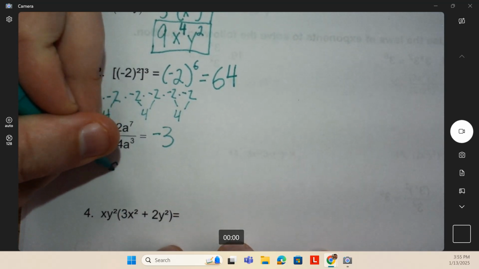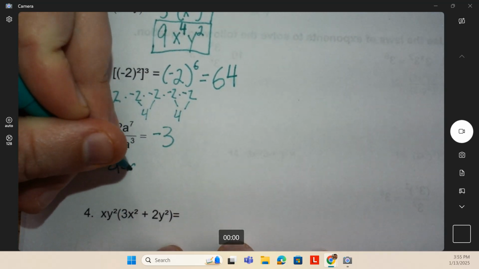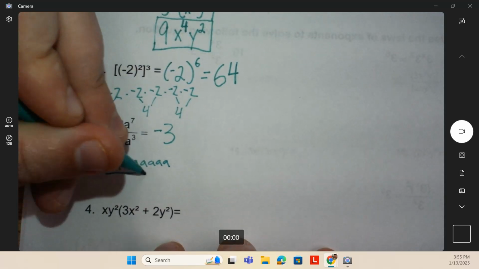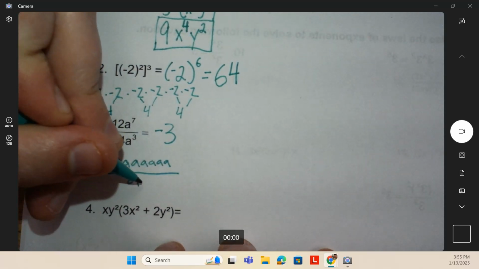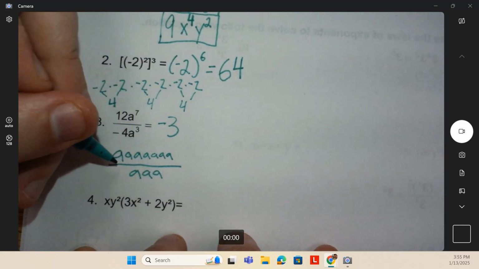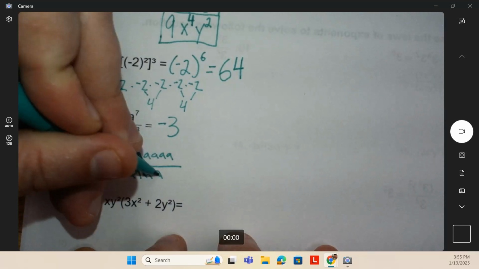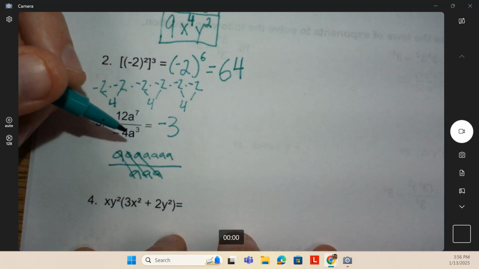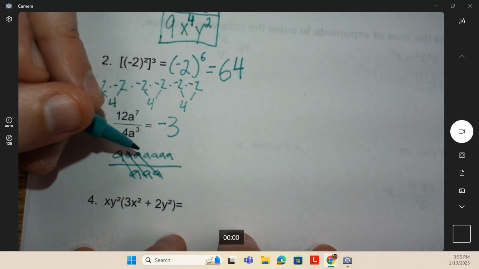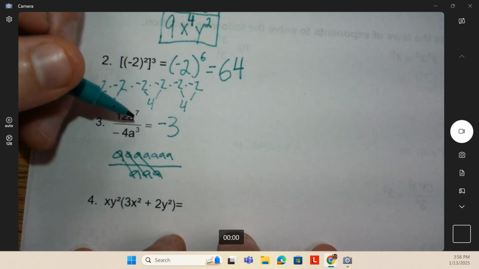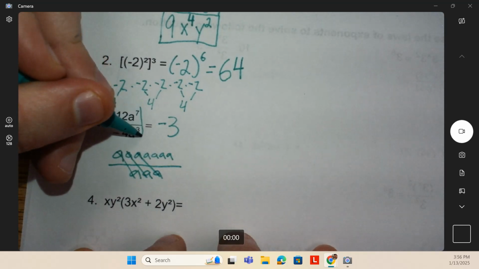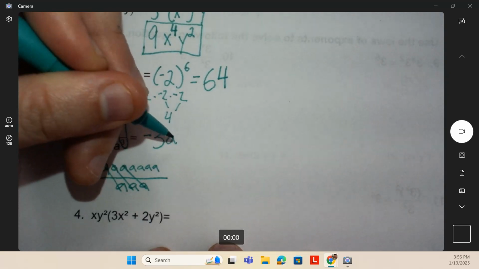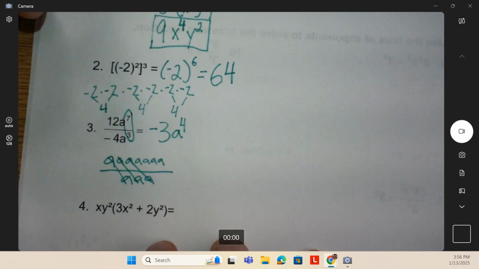You've probably seen it, like if I do a to the 7th, there's 7 a's, and a to the 3rd down here. What will happen is I've got some of those that can cancel out, and what's left is 4 up there. So a times a times a times a would be a to the 4th. Really what's happening is I'm doing 7 minus 3 gets me a to the 4th power.